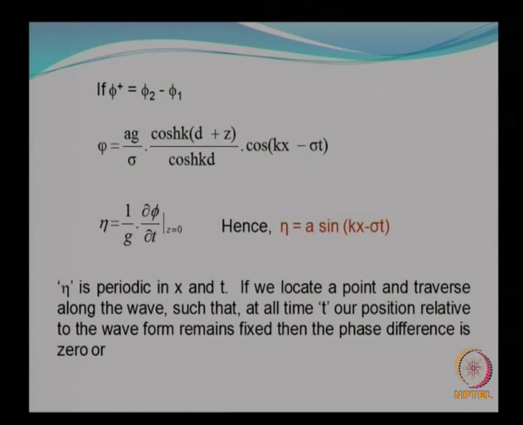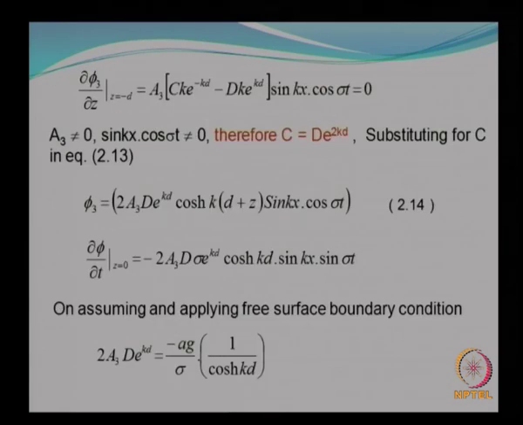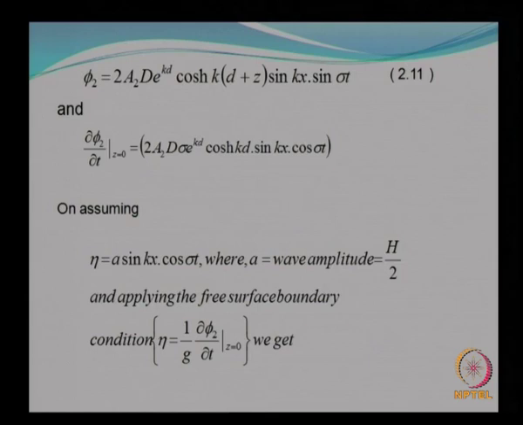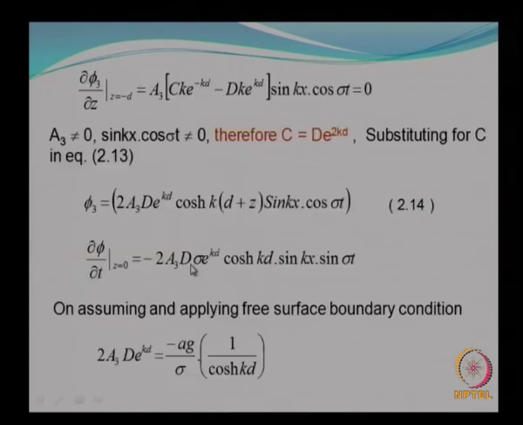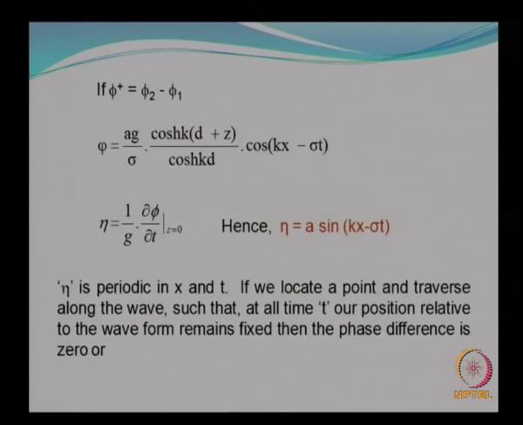What was the dynamic free surface boundary condition? This is the dynamic free surface boundary condition. Initially we assumed an expression for eta, the water surface elevation, as shown here. So we assume eta and try to derive the velocity potential.